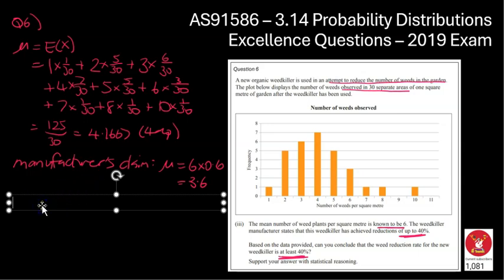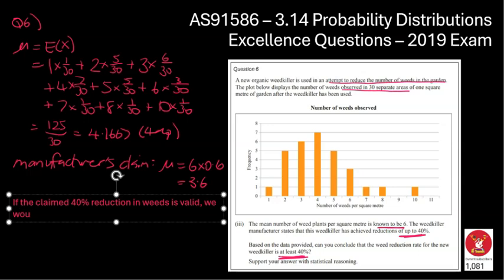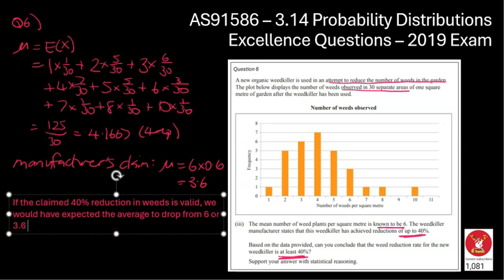So if the claimed 40% reduction in weeds is valid, we would have expected the average to drop from 6 to 3.6 or less. That's that 3.6 number. So let's now actually answer the question.